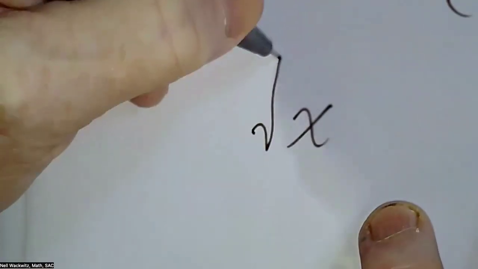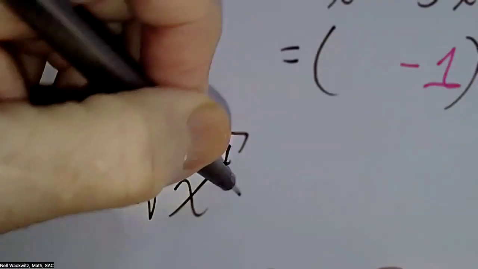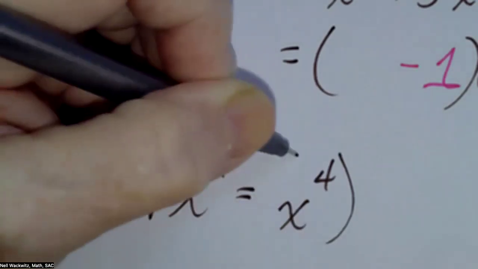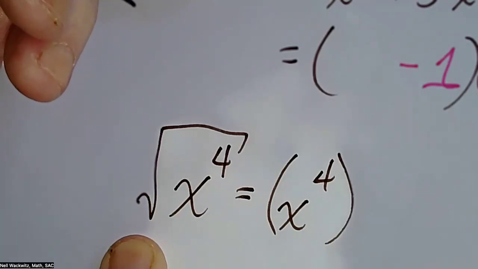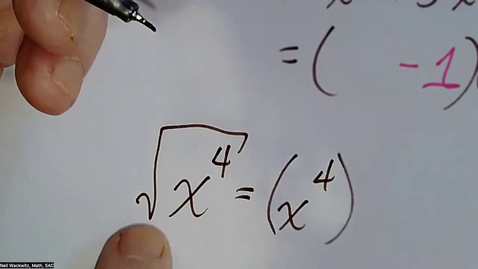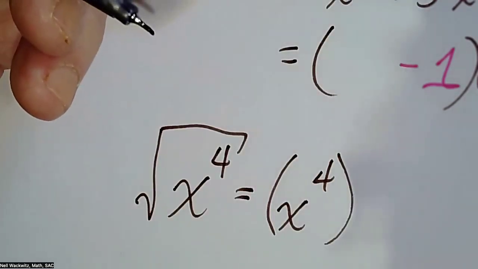That's right. What is the square root of x to the fourth, same as x to what exponent? What was the exponent that was the square root? Did somebody say 1/2?